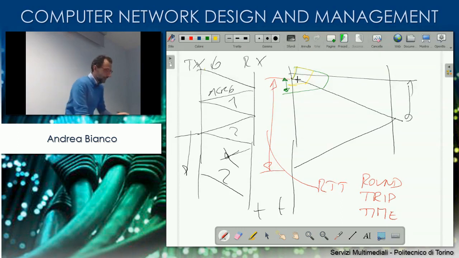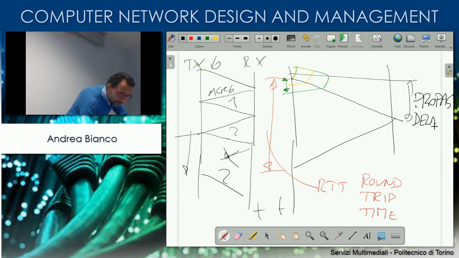Okay, so we have seen here, this is propagation delay. Right? The green one is transmission delay. Correct?